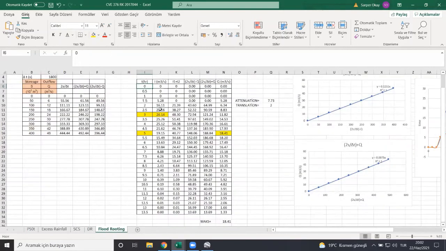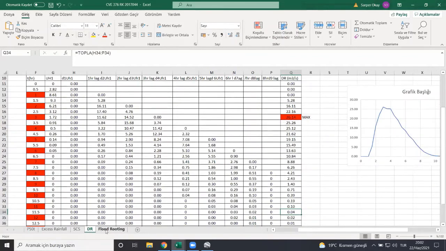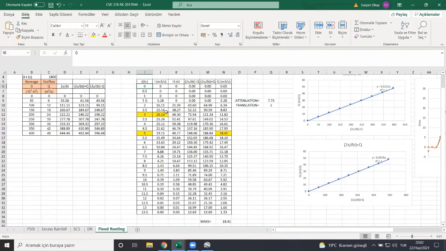Inflow is shown as I. So you take them and copy here as inflow, and then you'll have something like I1 + I2. You'll write these 2 columns, then you need to calculate these 4 columns.